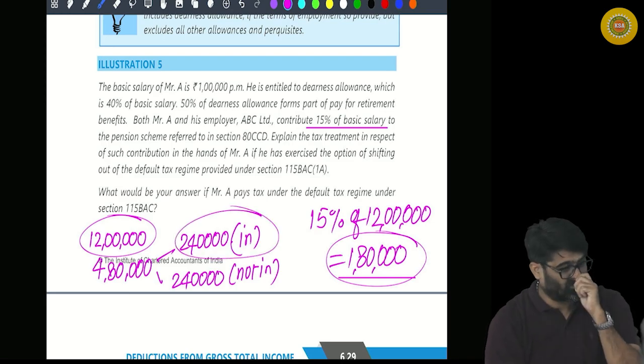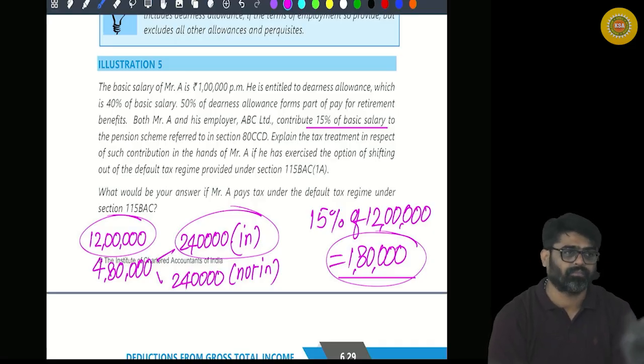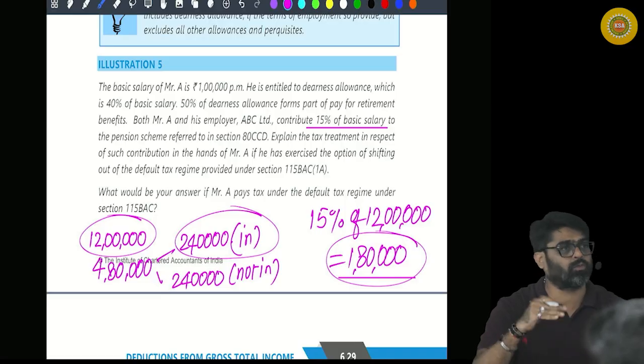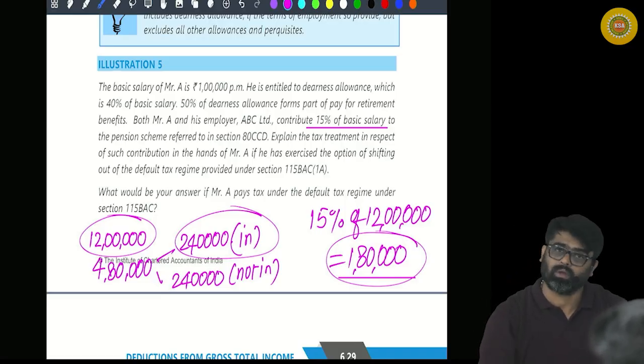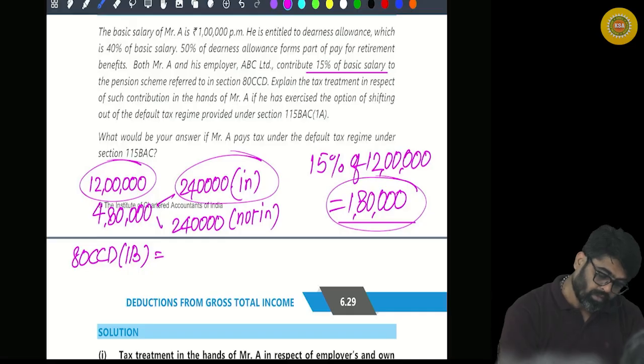What is the total? 14 lakh 40,000. 10% of that. How much is the amount? 1 lakh 44,000. So 1 lakh 30,000 will be allowed. Total will be 1 lakh 30. So you can claim 80 CCD 1B amounting to 50,000.